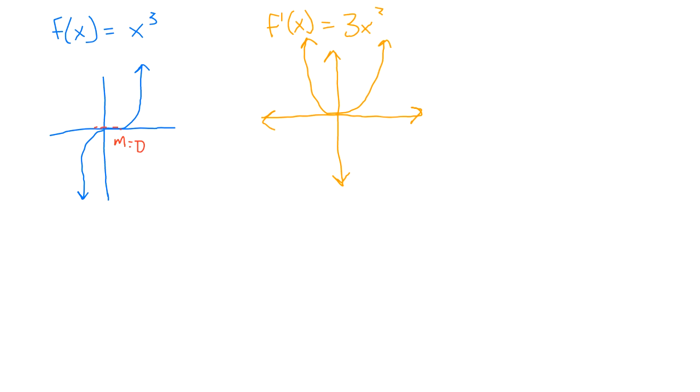And let's also think about the way our functions are set up. As our cubic function gets bigger and bigger, its slope starts getting steeper and steeper. We can see the same thing happening as we keep going up our parabolic function, which is our derivative.